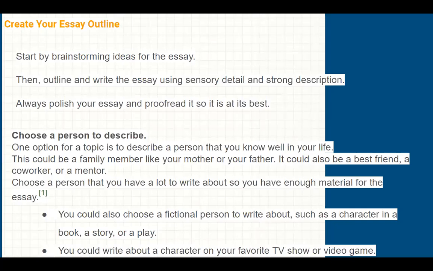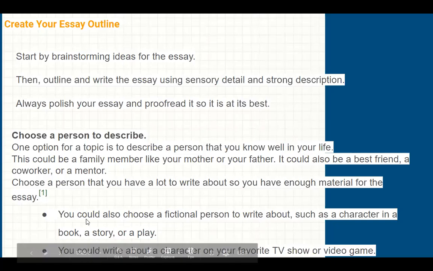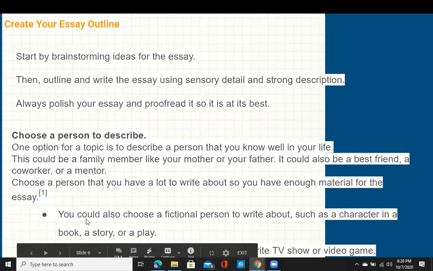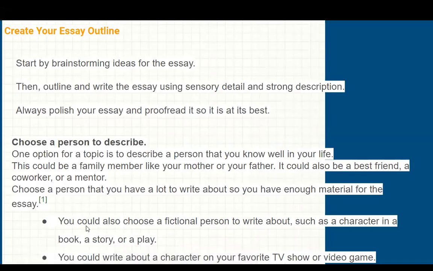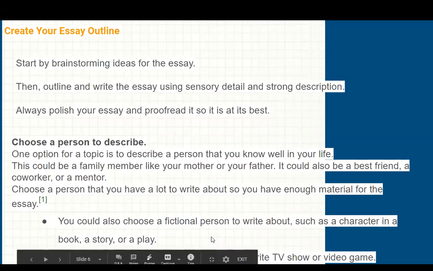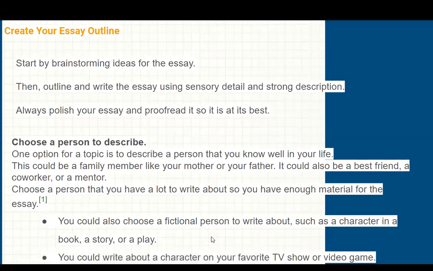Sometimes we may not have a real character. It could be a fictional person, someone you haven't met, haven't seen, and don't know for sure, but you have to visualize or make up. It's like making up a picture of an individual.